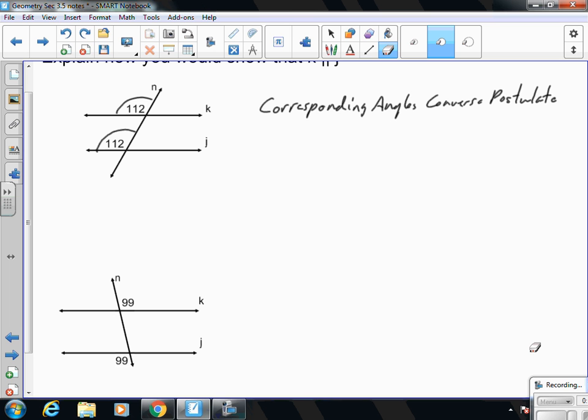Basically, if we can recognize what the relationship is between the angles, then that's basically what we're using, right? They're alternate exterior angles, and it's the alternate exterior angles converse theorem.